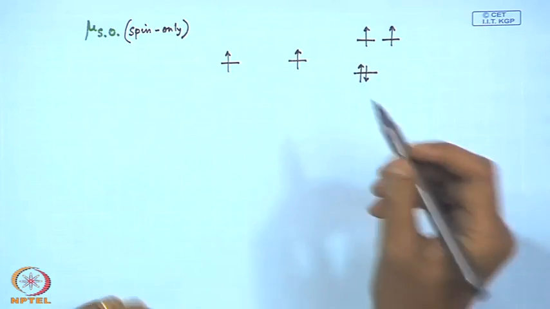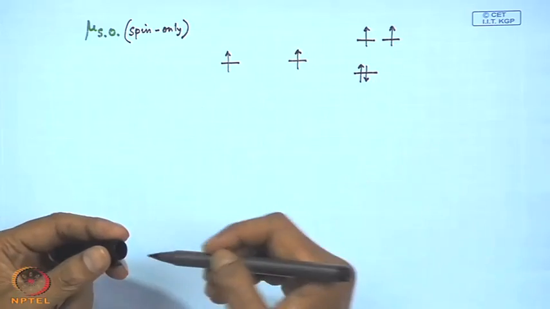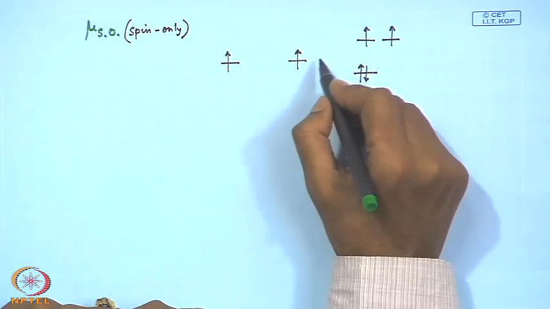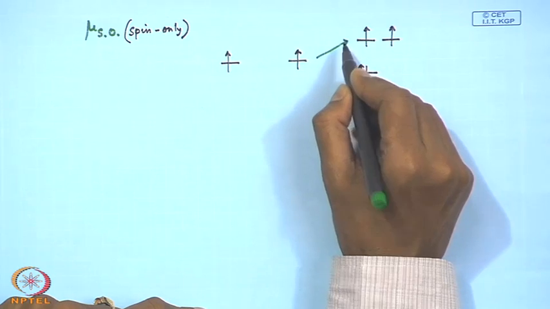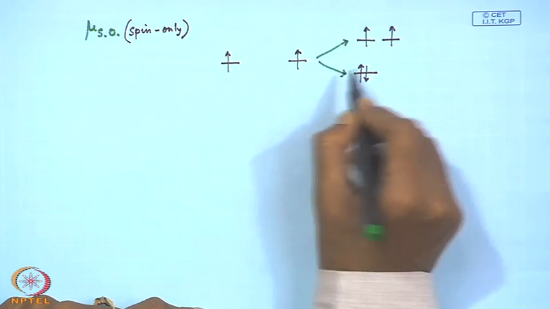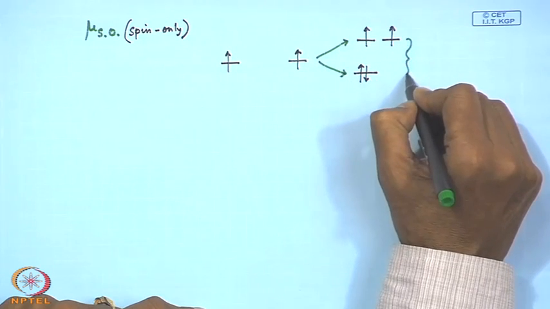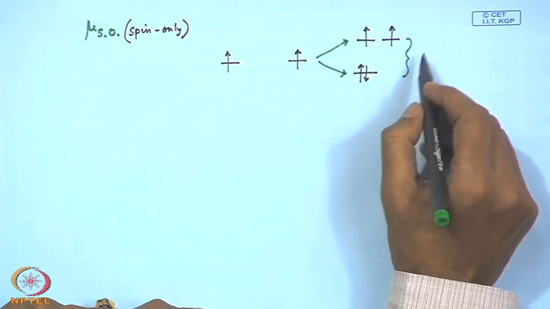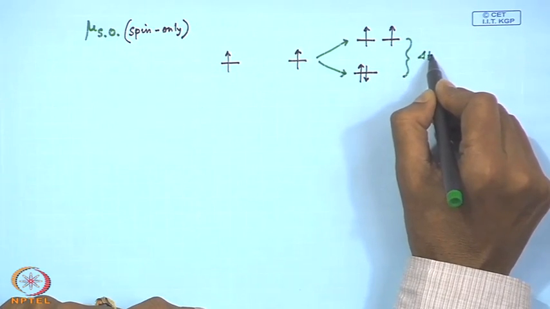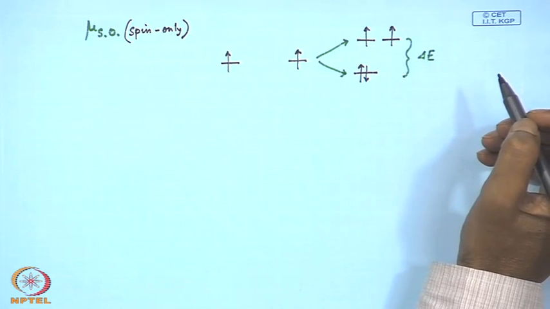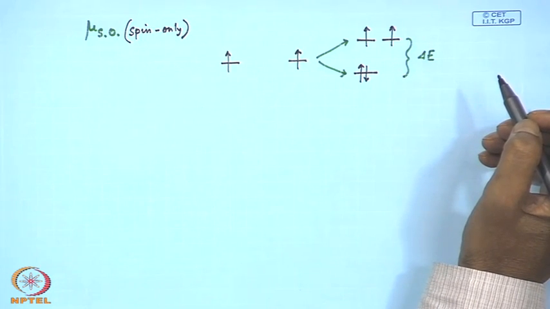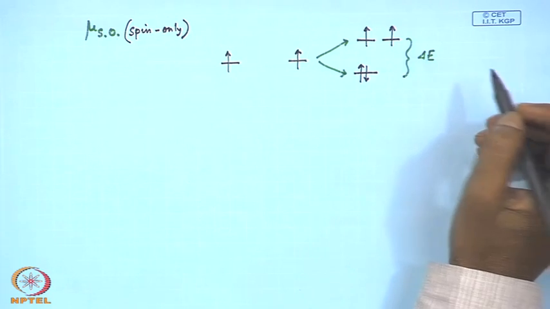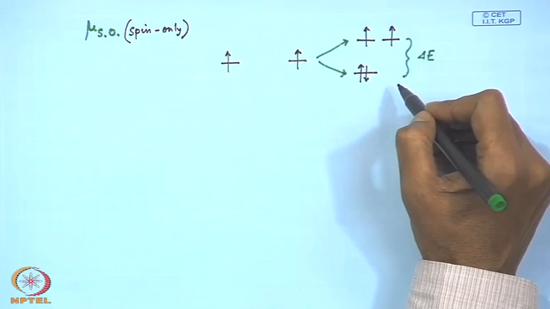Such unpaired electron distributions give rise to different types of arrangements of these two forms, and these two can have some energy gap, which can be considered as delta E, due to the different arrangements for these species having different numbers of unpaired electrons.